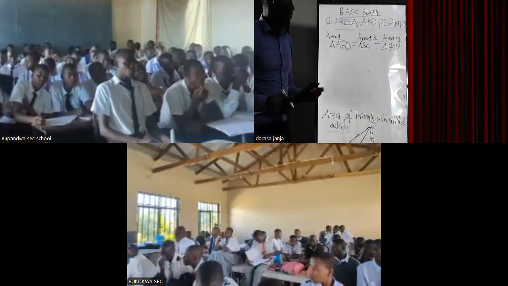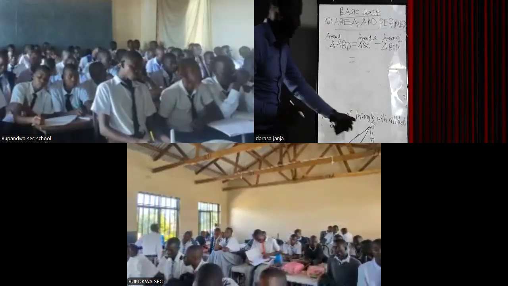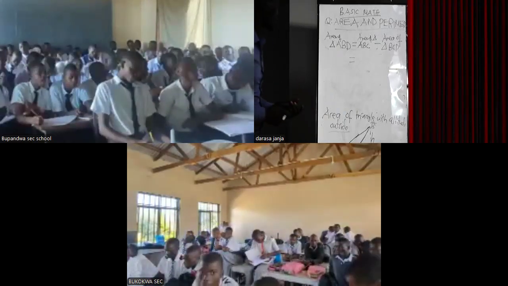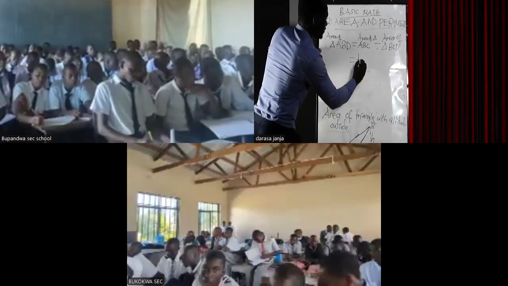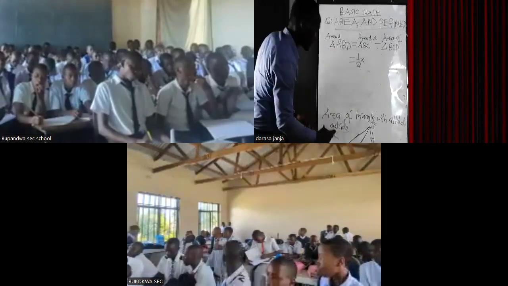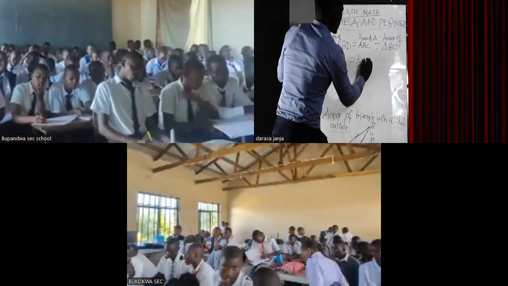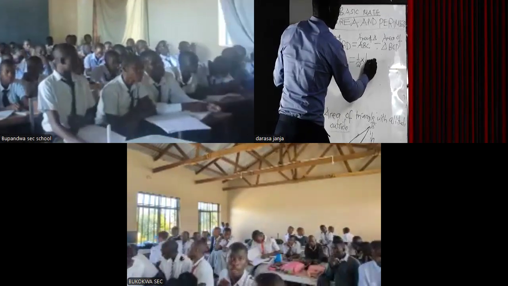Hapa tunatumia zile kanuni zetu za kawaida za pembe tatu yenye kimo kwa nje. Height outside. So for this case, we are finding the area of this big triangle, which is half times our base on this big triangle. It is letter E. Now here we are putting E times, let me write, base times height.